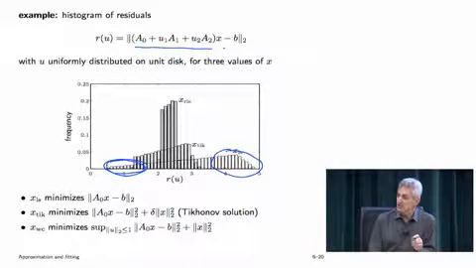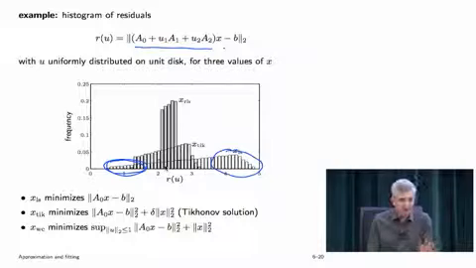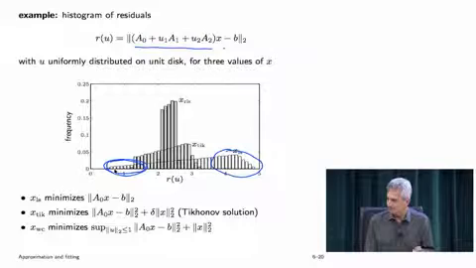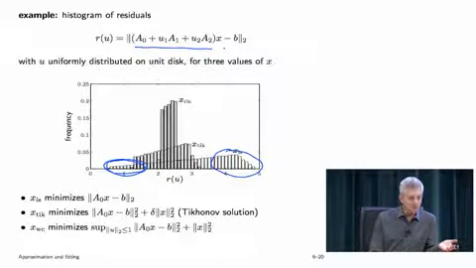Tikhonov regularization is a heuristic for giving you a robust solution. And here robustness, we're going to make it very vague, you get a tighter distribution of residuals, okay? And in fact, the expected value of this distribution is smaller than this one. I'm not going to work it out because it's too simple here. But you can see it's simply, from a robustness point of view, a better solution.